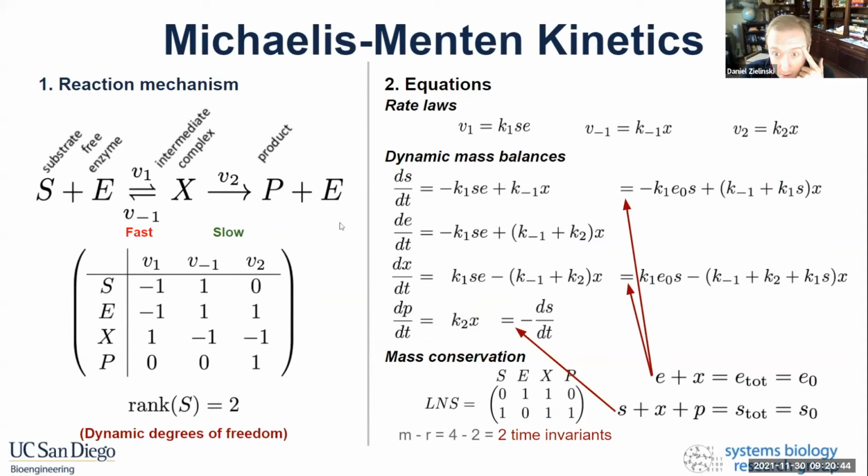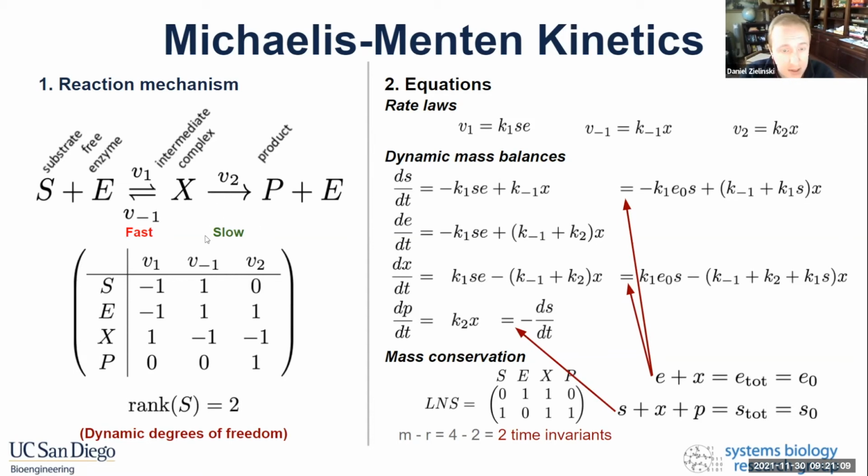So just to cover this on the simplest spectrum again, this is our irreversible single substrate Michaelis-Menten. We have our substrate and our enzyme forming this complex and forming a product and the enzyme. And then typically we think of this binding step as fast and the catalysis as slow. This is largely borne out.